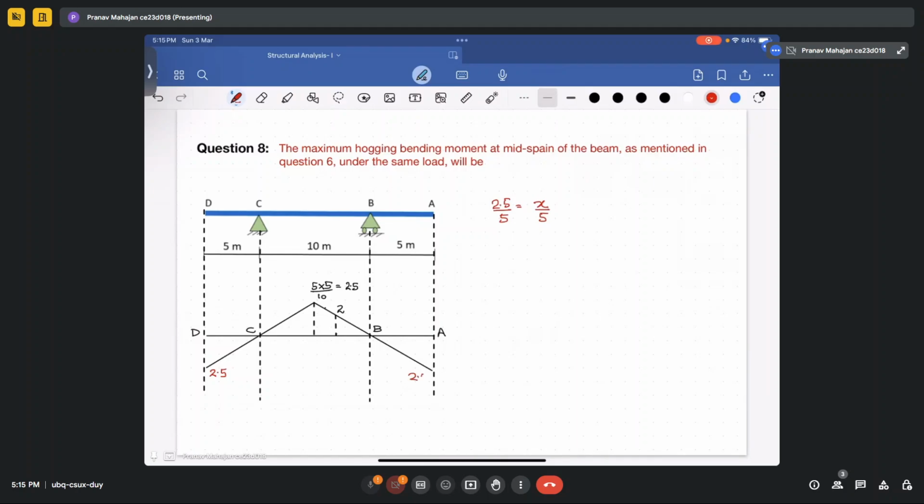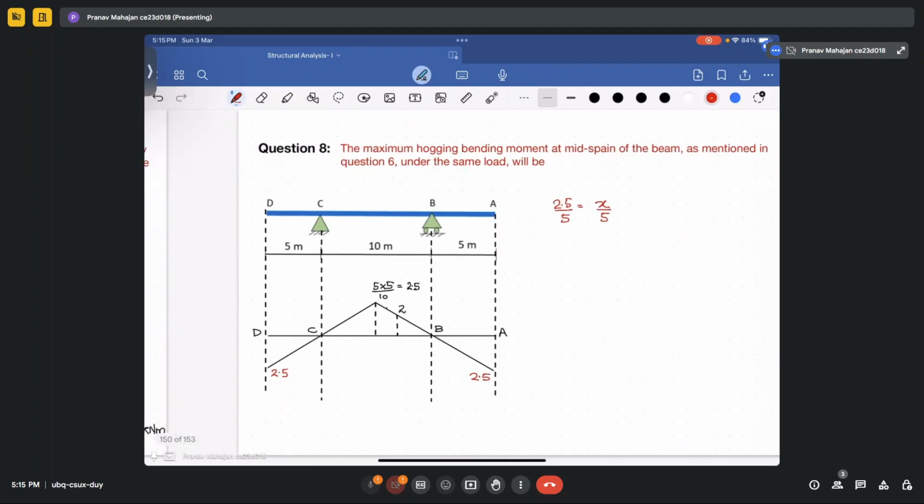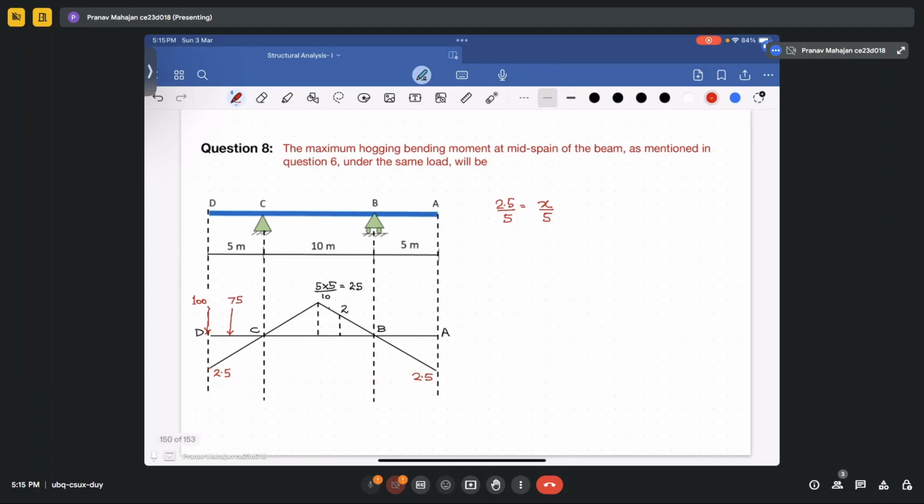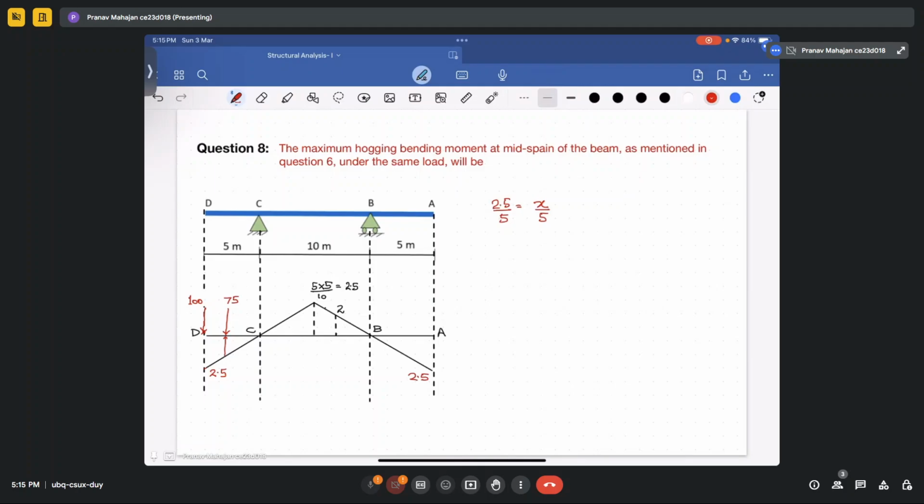This value will also be 2.5. So it is good for me to put the 100 kilonewton load over this point. If I put 100 kilonewton here, then 75 will also come. So 75 kilonewton will come at this point. So this is 100, this is 75.